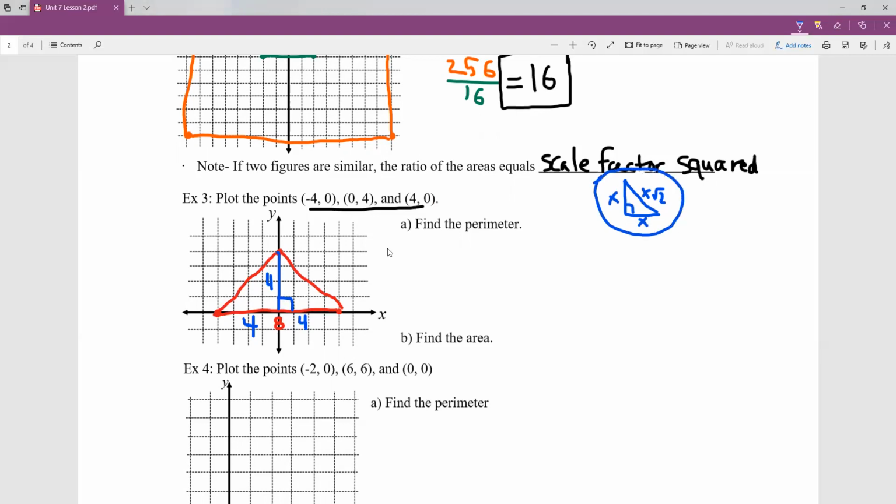So we can easily find the last side because the last side is just root 2 times the other side. So it is just going to be 4 root 2. And same thing on this left side, it's the same exact triangle. So this side is also 4 root 2.